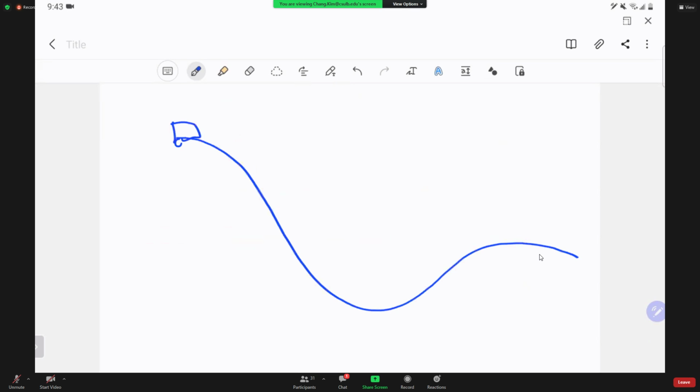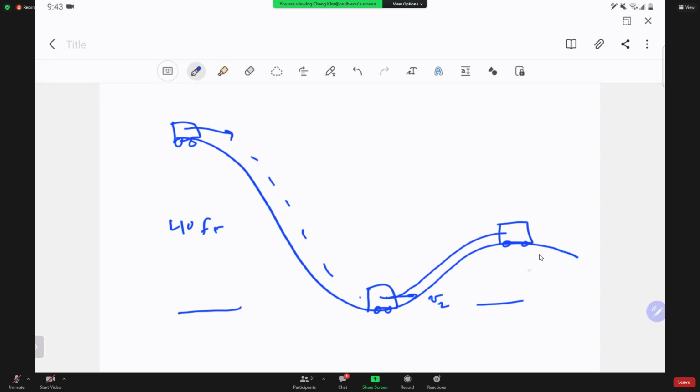So you have a cart pushing down, traveling down here, and we know the velocity at point 2. This guy moves out here, and this is 40 foot from here, and this is 15 foot from here. What is the curvature to be?